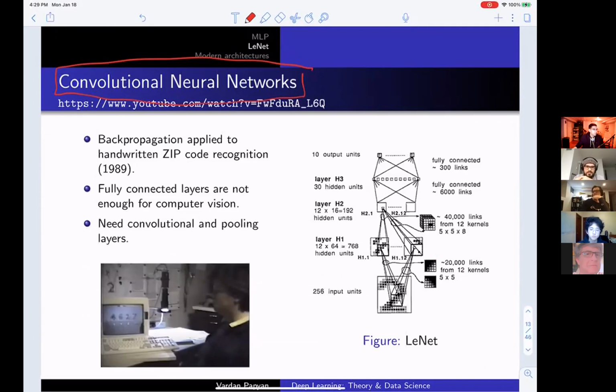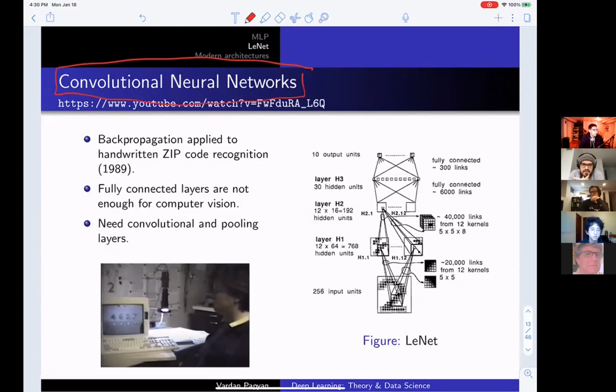So what you can see in this YouTube video is a young Jan LeCun sitting in front of a computer, and next to the computer there is a scanner, which is basically a camera. The camera is looking at different images which have digits on them, and the computer is running a network called LeNet on these images, and it manages to identify what digits appear in the image automatically.